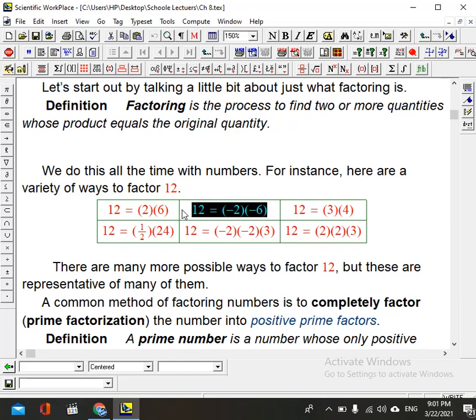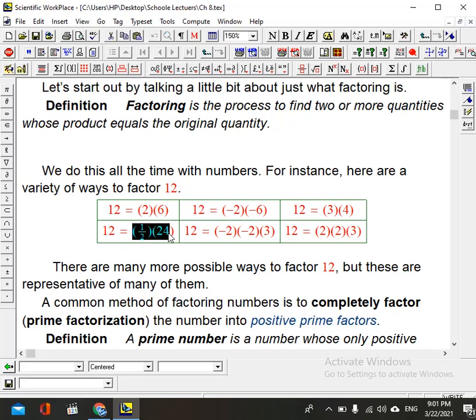Also 3 times 4. If we take fractions into consideration, there are infinitely many possible factors for 12. Any number could be a factor of 12.